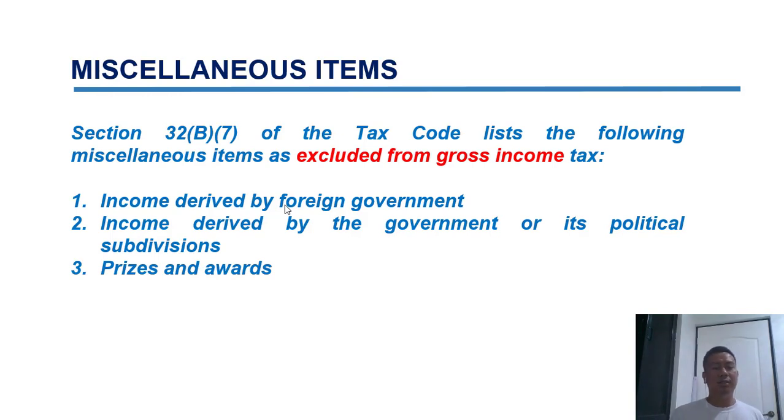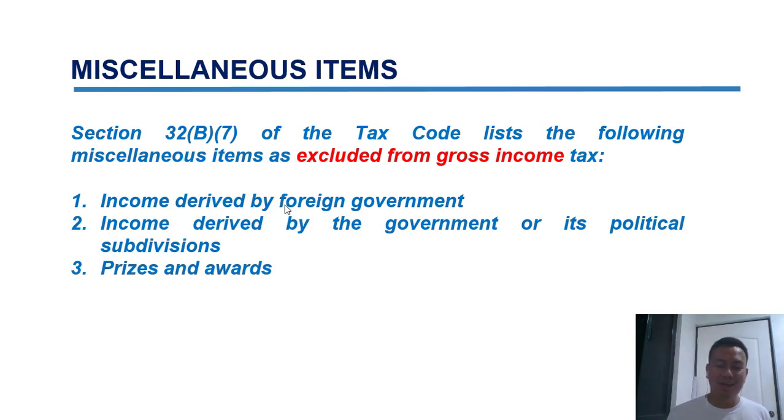We have the prizes and awards. For the prizes and awards, meron tayong threshold. If the prize or the award is worth 10,000 or less, that is basically excluded from the gross income. Otherwise, it is subject to final tax, to be considered as passive income. For the lotto winnings, dati meron tayong exemption, ngayon hindi na.